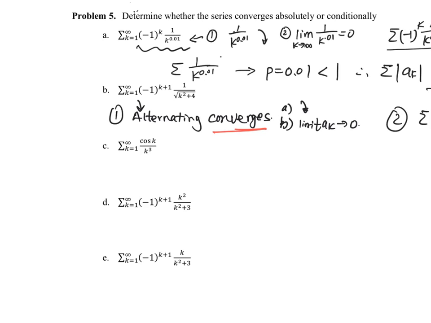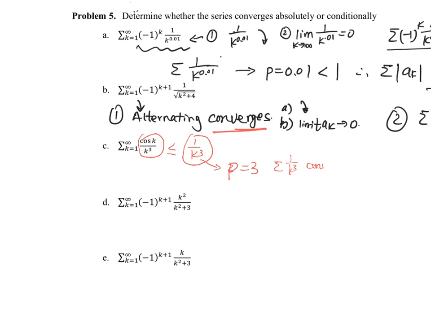Okay, so first of all, we can see that this is going to be less than or equal to 1 over k cubed, right? If you compare this term with this term. And this is a p-series with p being 3, and this series converges.